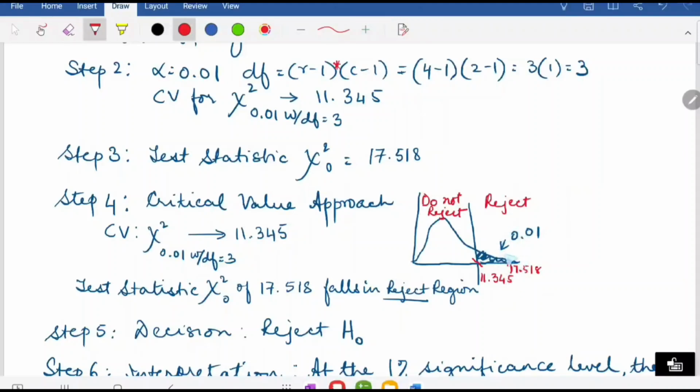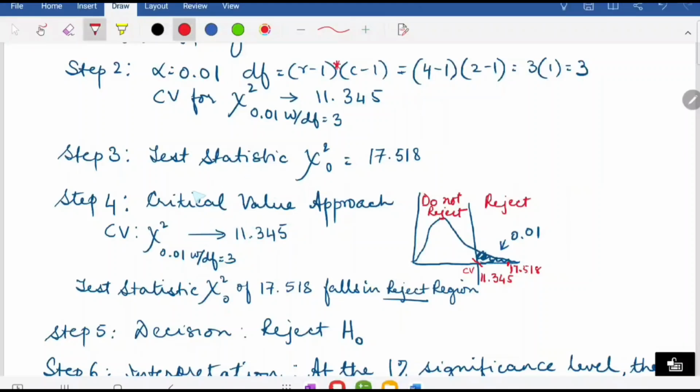The area associated with the reject region is 0.01, and you have to show where your test statistic falls. 17.518 is greater than 11.345, so it will fall in the reject region. It will fall somewhere to the right of the critical value, and if it falls on the right, it will be in the reject region in this case, right?